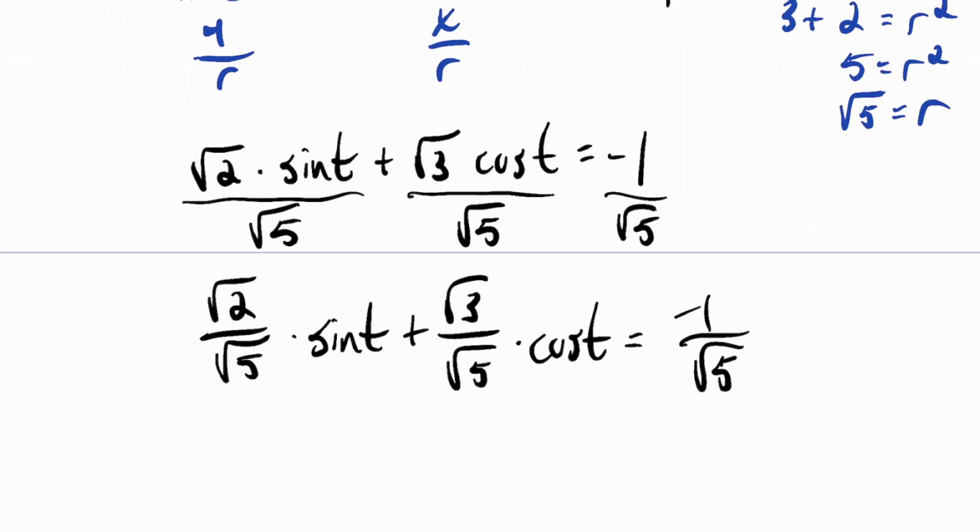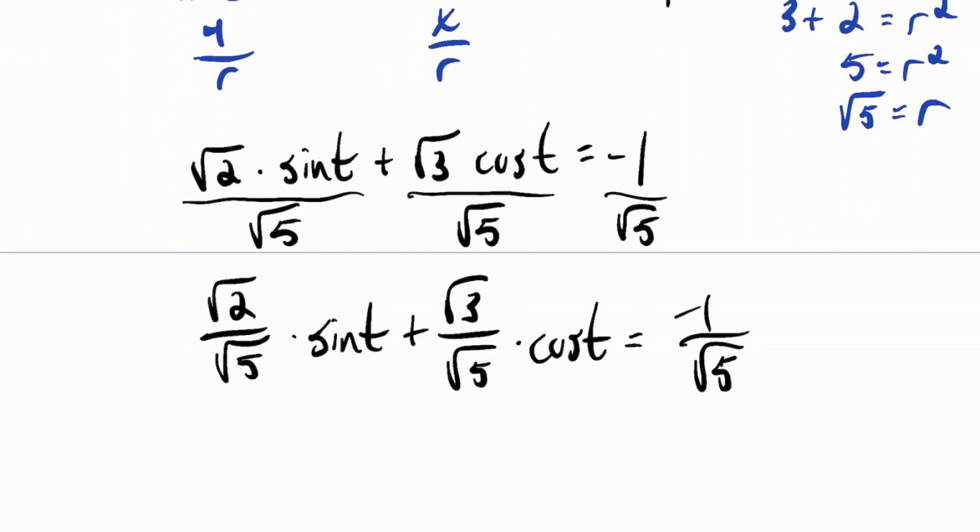So now, this root 2 over root 5 and this root 3 over root 5, these are both trig values of some angle. Root 2 over root 5, that is sine of theta, whatever theta is, I don't know. And root 3 over root 5, that is cosine of theta. Whatever theta is, we don't know it yet, but we will find it.